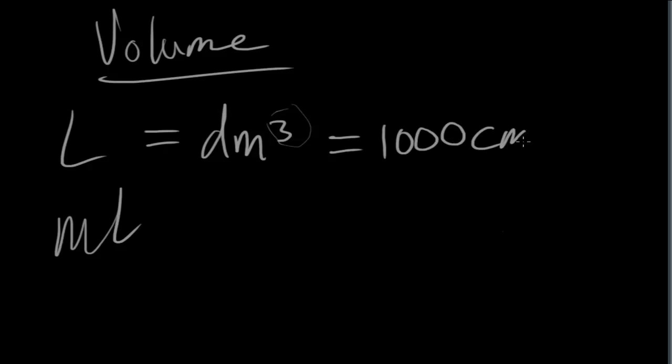Now, also, decimeters cubed are basically the same thing as 1,000 centimeters cubed, and one centimeter is 10 times smaller.